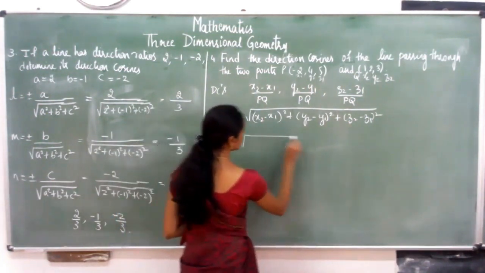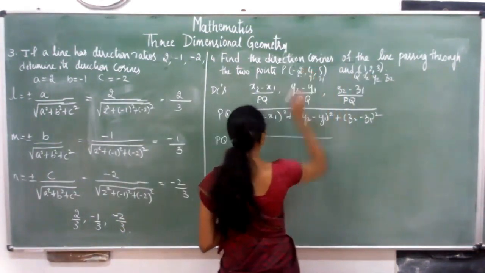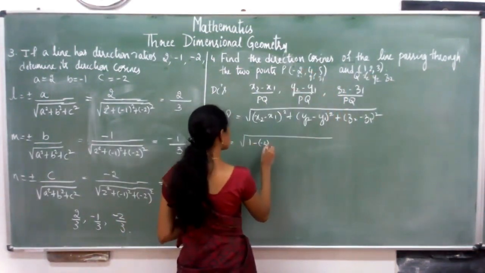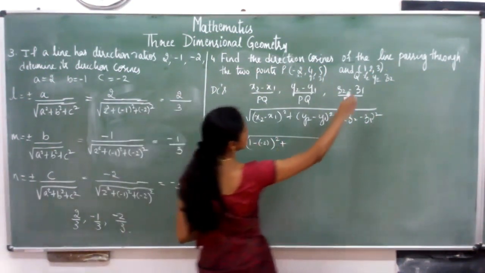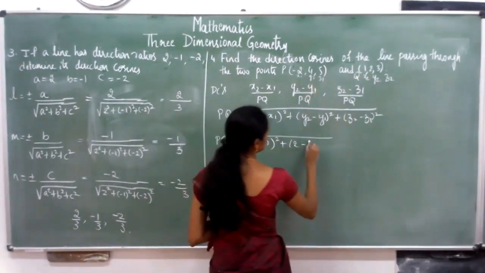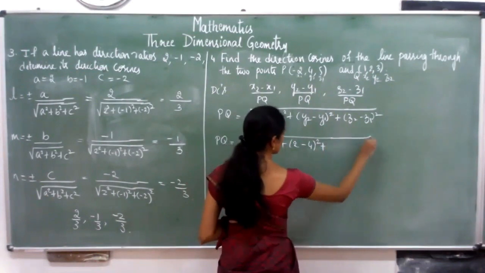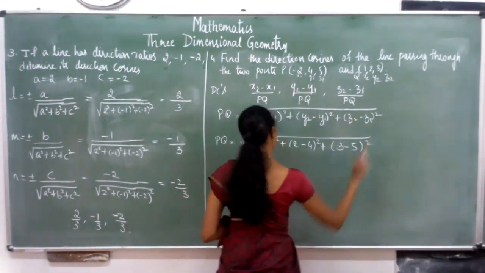So PQ is equal to root of (x2 minus x1) the whole square, so x2 is 1 minus of minus 2 the whole square, plus (y2 minus y1) the whole square, y2 is 2 minus y1 which is 4 the whole square, plus (z2 minus z1) the whole square, that is 3 minus 5 the whole square.